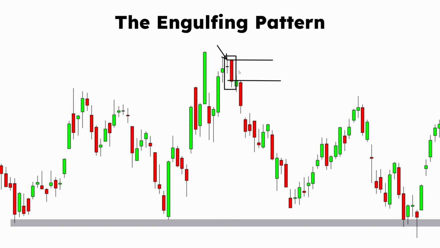So the red candle engulfs this very small real body right here. This is a bearish reversal signal indicating a reversal towards the downside. And you can see that this bearish engulfing pattern was the start of a very strong move towards the downside.